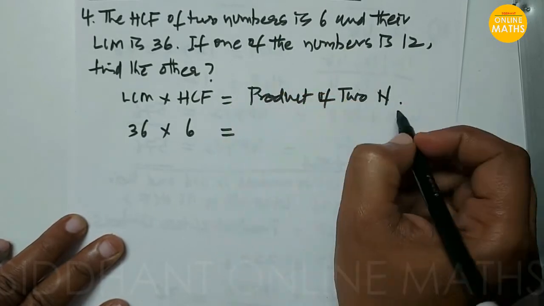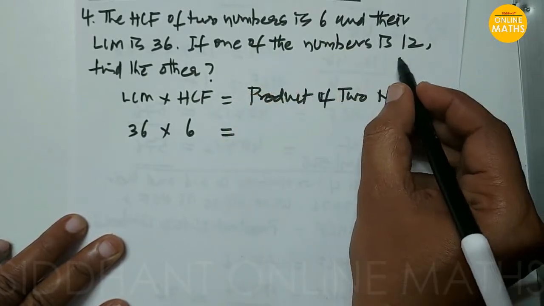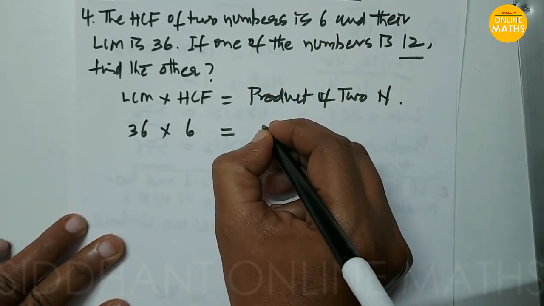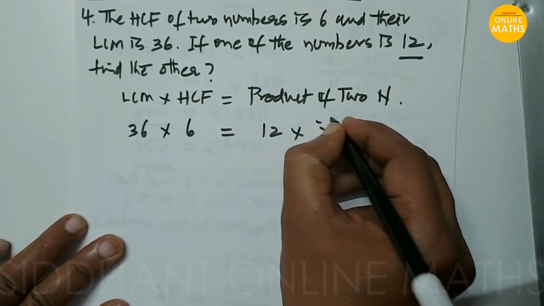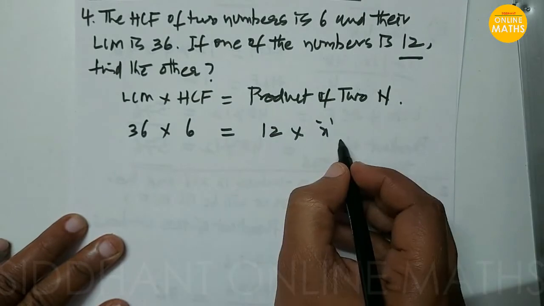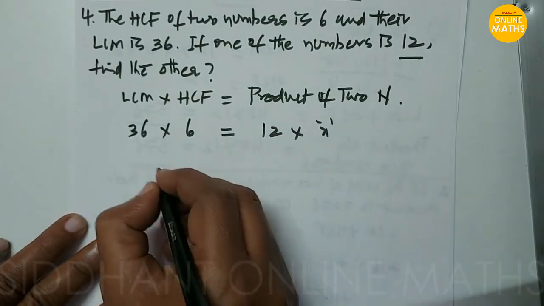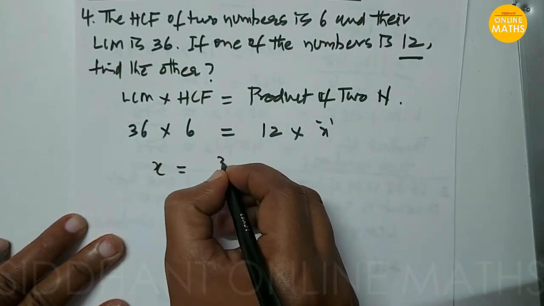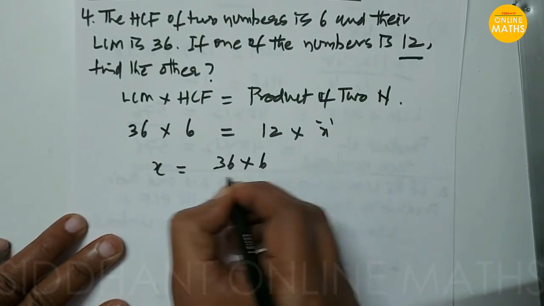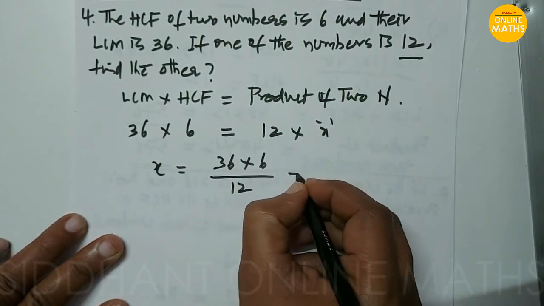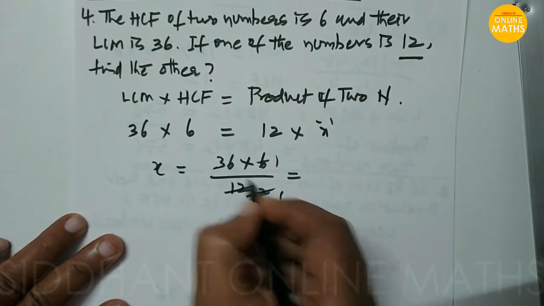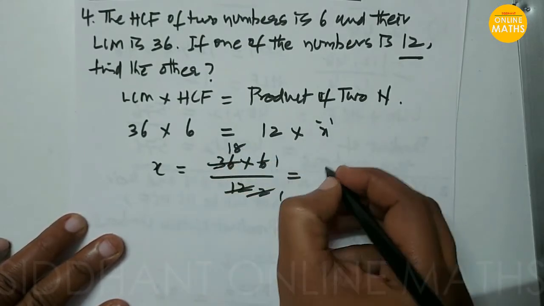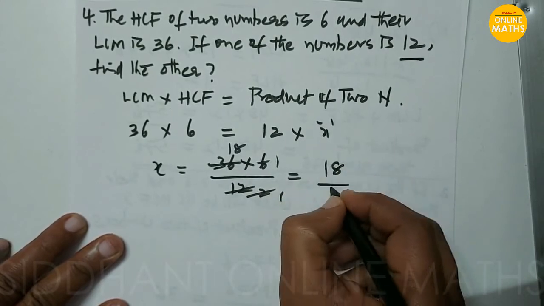HCF is 6 and LCM is 36, so 36 into 6 is the product of the two numbers. One number is 12, and the other number is x, suppose. So x is equal to 36 into 6 by 12, which gives 18. So x will be 18 here.